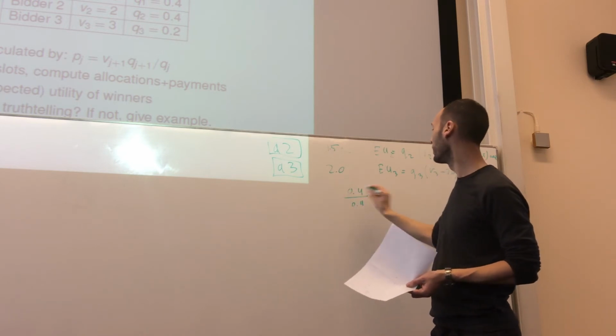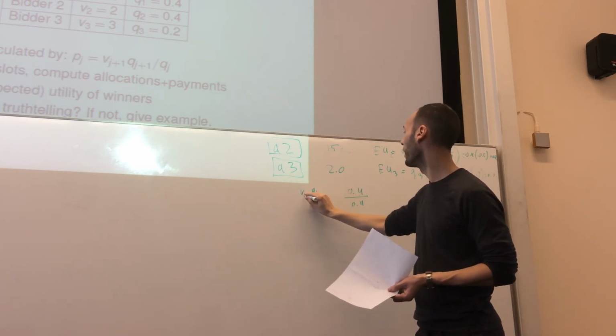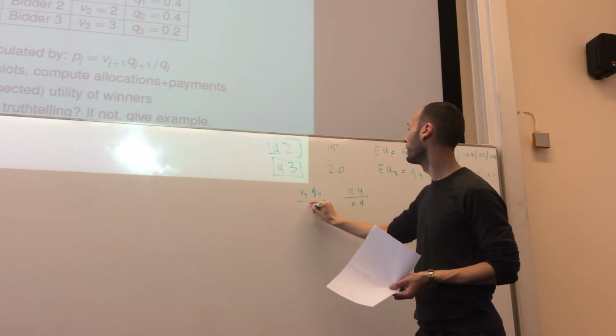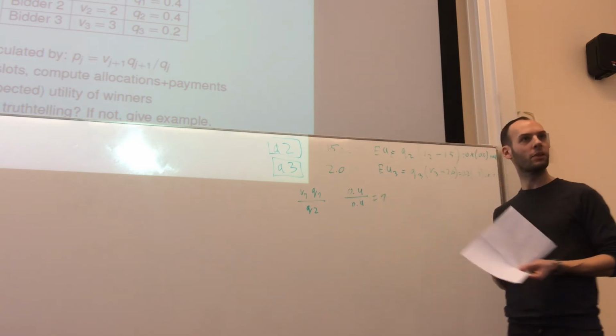So this is equal to V1 Q1 divided by Q2. So it's 0.4 over 0.4, which is 1. The payment is 1.